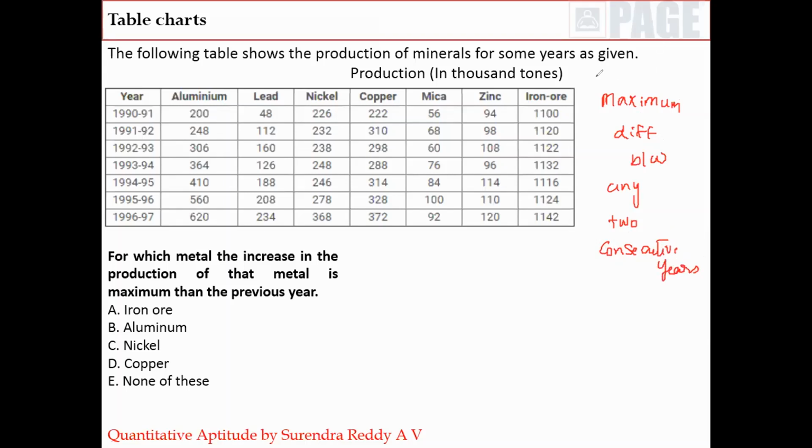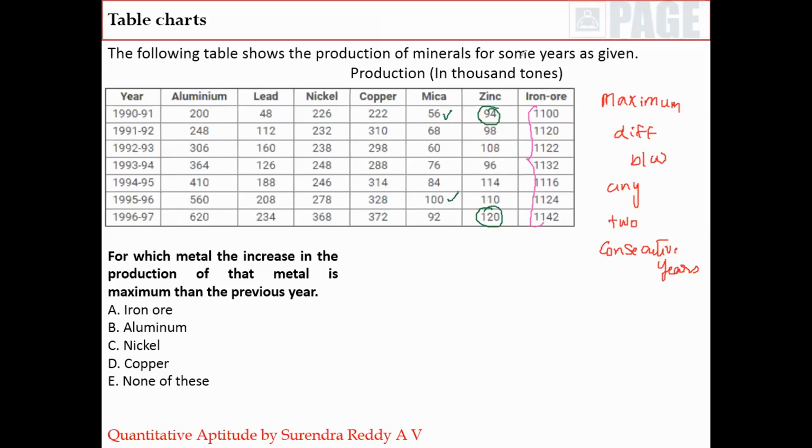For example, if you take iron ore, everything revolves around 1100. There is a closest value. There is not much difference. If we talk about zinc, 94 years here, 120, maybe 30 difference is there. Here minimum is 56, maximum is 100, around a 50 difference is there.